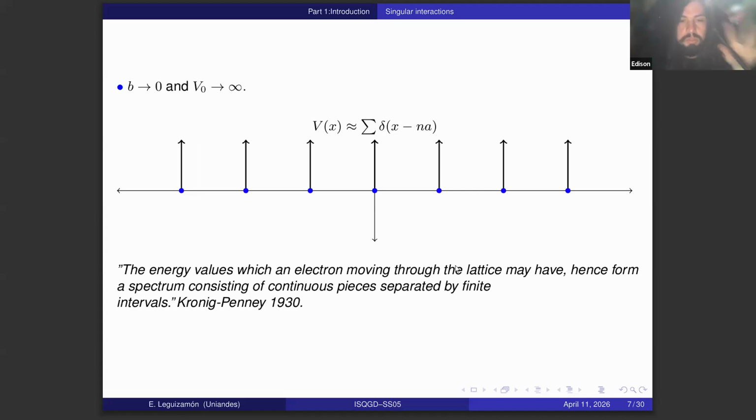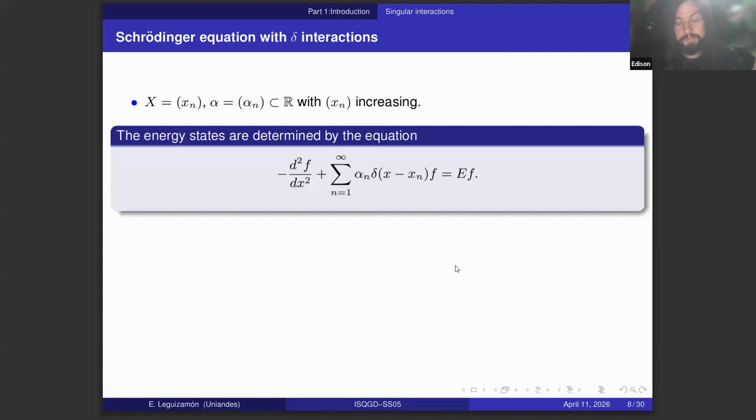But we will see that it's not so simple with the delta interactions. So, motivated by this kind of paper, we started to study these differential expressions.